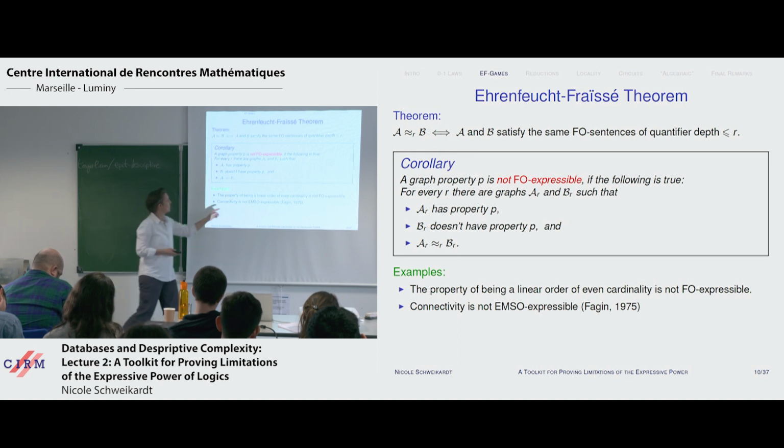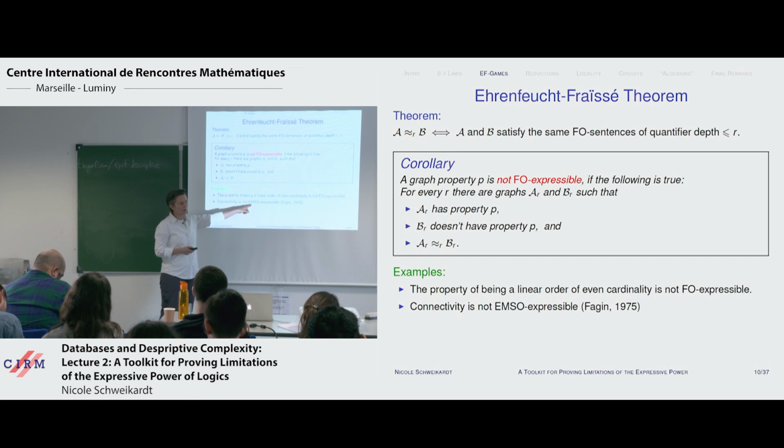And if you look at the literature, I think Fagin's original proof is very long and very complicated, and then a couple of years later he published another proof which is much shorter and much more elegant. Essentially in the first proof, the games made life difficult because things were quantified in the wrong way. In the second proof, it's just what you now find in the textbooks.